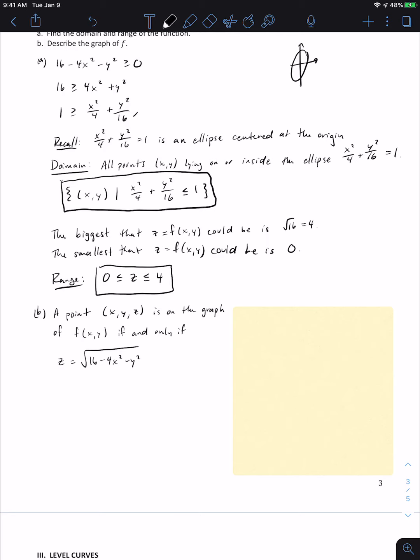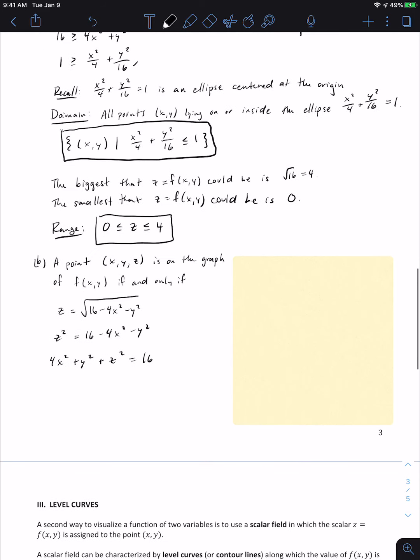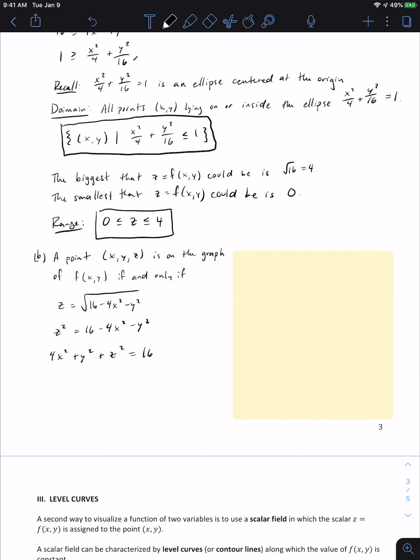So now let's solve this. I end up getting z squared is equal to 16 minus 4x squared minus y squared. If I bring everything to the other side, I get 4x squared plus y squared plus z squared equals 16. If I want to interpret this as a surface in space, remember we always like to have 1 on the other side of the equal sign.